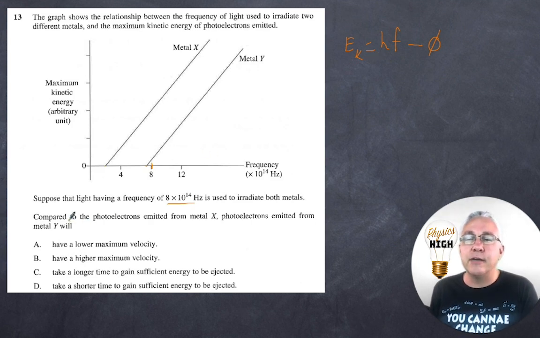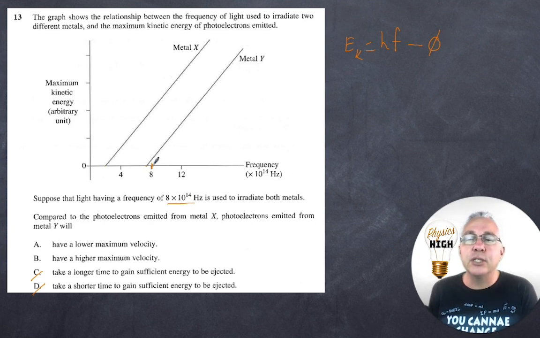So what does that mean over here? Well, if we look at the photoelectrons emitted, we are really only looking at their velocity, not anything else. So C and D are incorrect because ultimately it releases or doesn't release depending on whether it exceeds the work function.